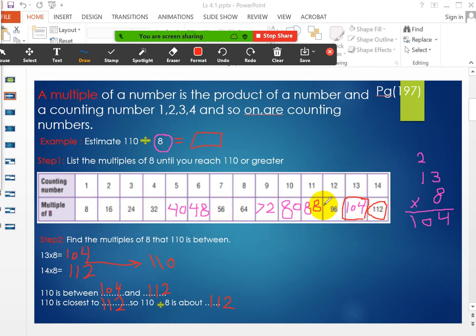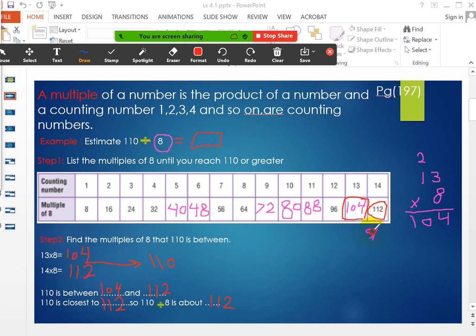When I multiply 8 with 13, the multiple was 104, still less than 110. So I have to continue. I will choose 14. 14 multiply 8 equals 112. The multiple becomes greater than 110. So I have to stop here.